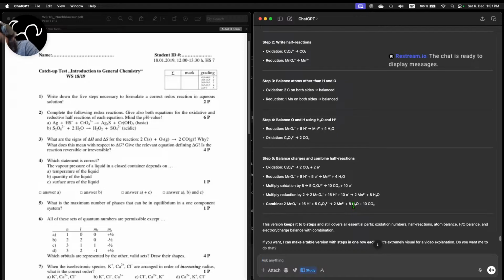Here we can see that manganese gained 5 electrons. So if it gained 5 electrons, that means when it's on the reactant side, it did not have 5 electrons. So we add MnO4 minus plus 8H plus plus 5 electrons to Mn2 plus plus 4 H2O.